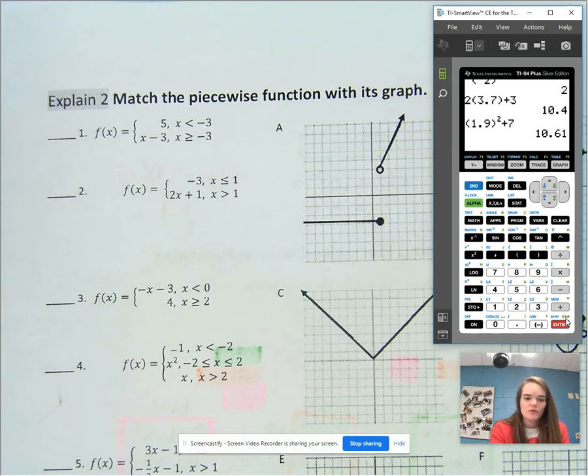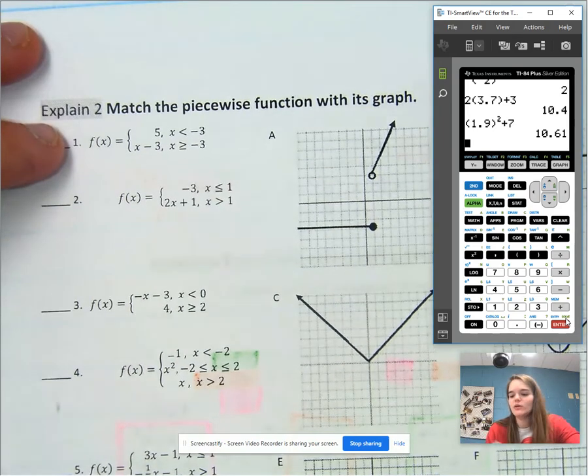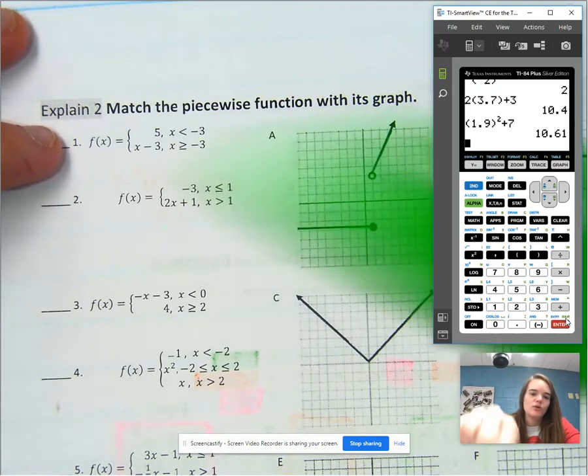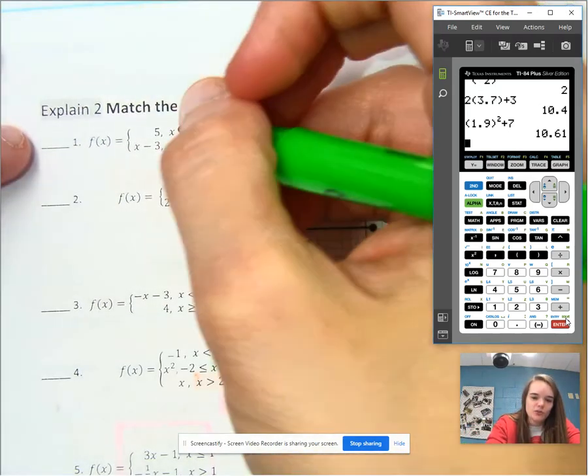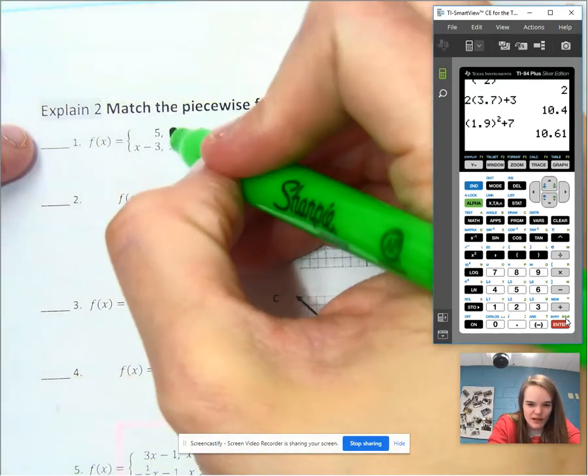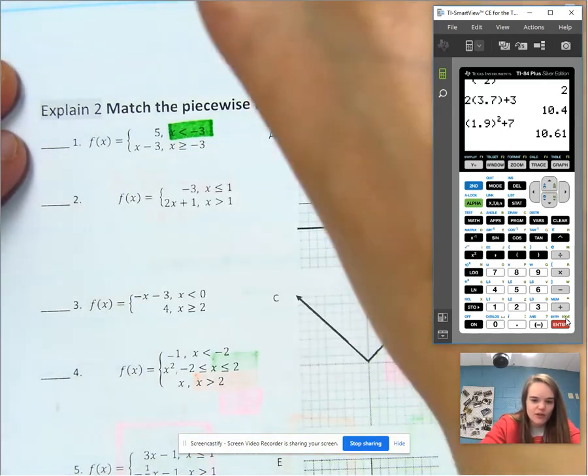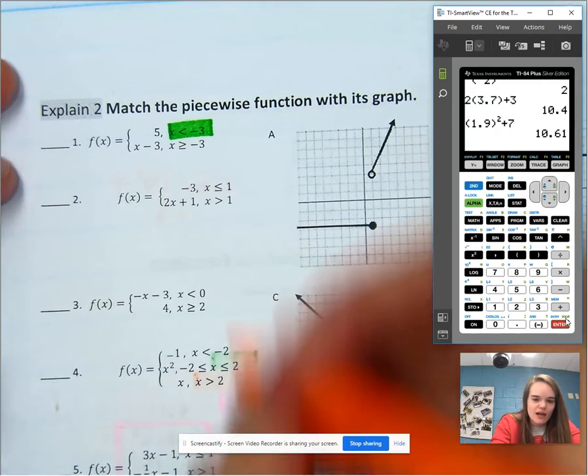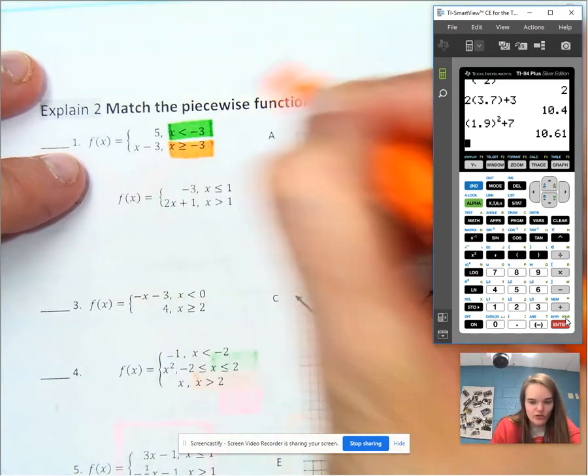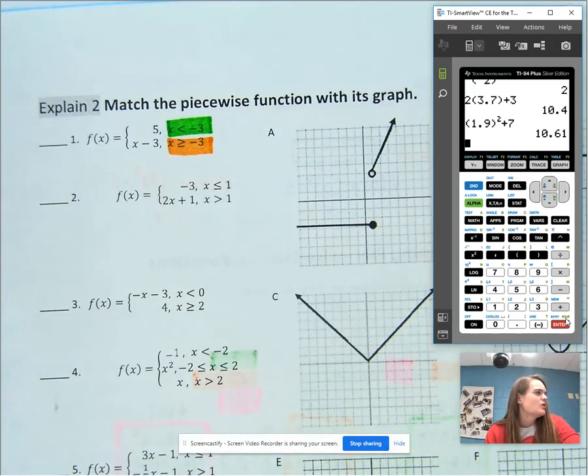So first of all, the first thing we always need to notice is the actual domain. In the first one right here, our domain is when x is less than -3, and when x is greater than or equal to -3. There are quite a few things to talk about there.